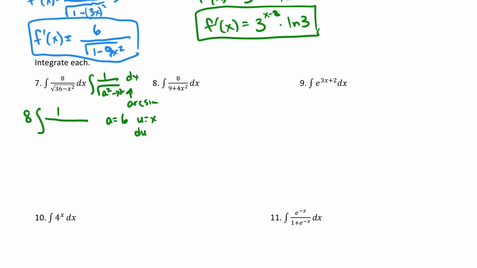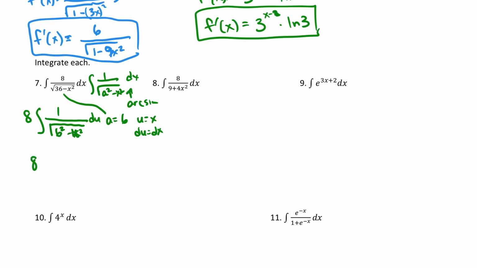So du would just simply be dx, and then we're going to substitute it in over here, and a is 6 because it's the square root of that 36, so I'm going to get 6 squared minus x squared. You can put this as u squared actually, and my du is just going to be the dx, so it doesn't matter at this point.